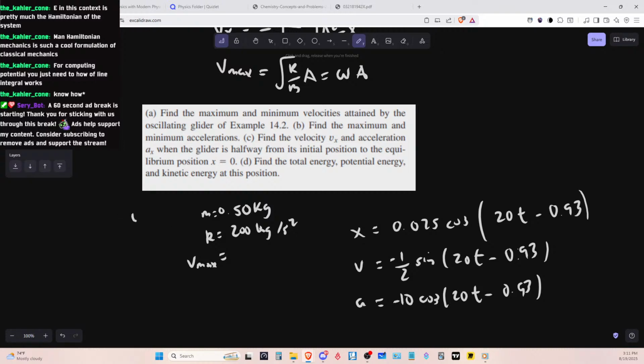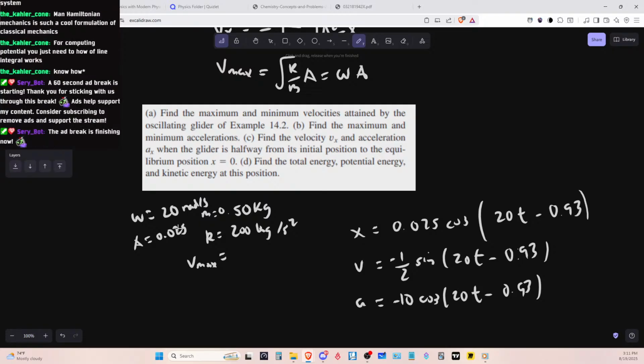So omega is 20 radians per second, and the amplitude is 0.25.